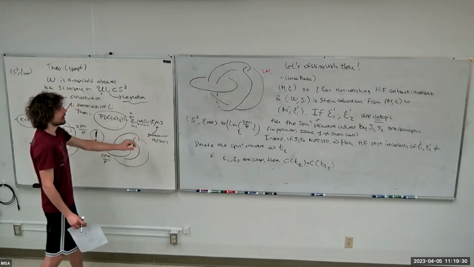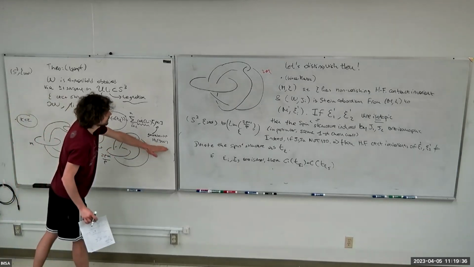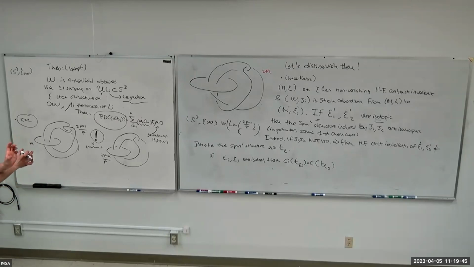The problem is that I have two distinct surgery descriptions and two distinct presentations of this first homology group. And I also want to be able to distinguish up to isotopy between the tight contact structures that I constructed by the two families. And so I need a common presentation.